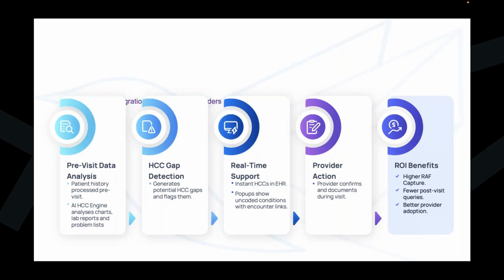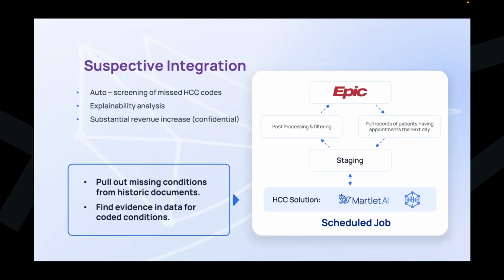The benefit of this is that it is much more preemptive, and there is less chance of errors because it is being validated by the provider. So basically, it is suggestive coding for HCC. And how do we do this? We have already done some case studies, but this is the gist of it. If you want to integrate with any EHR, we pull records of patients having appointments in the next few days.